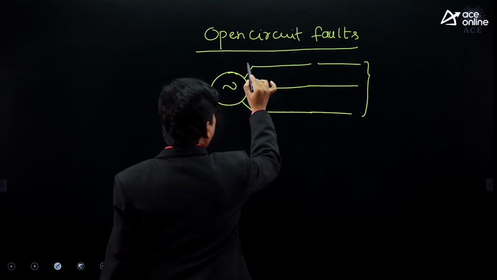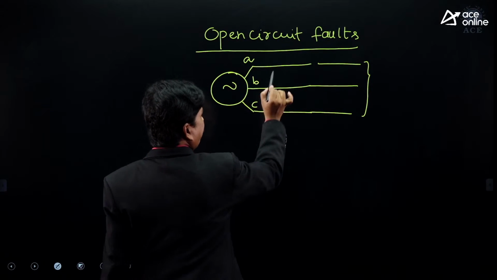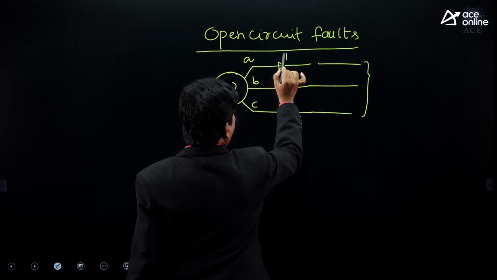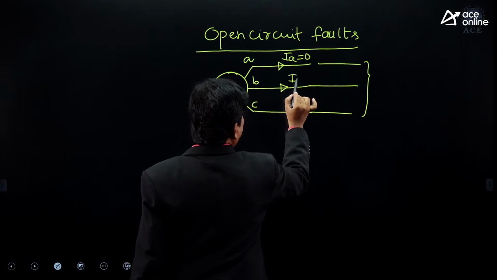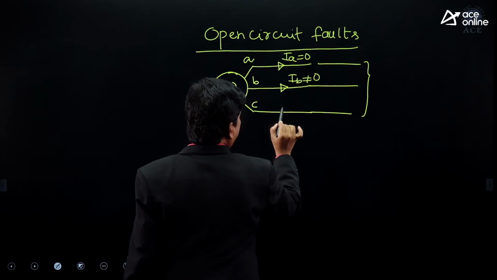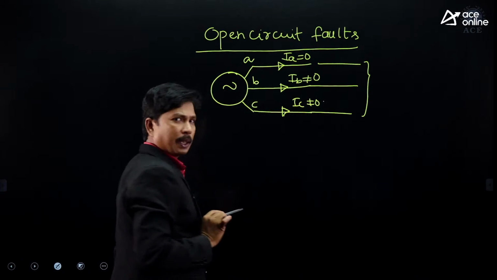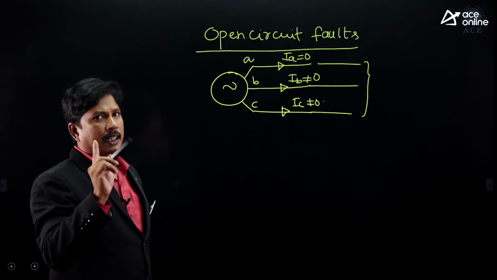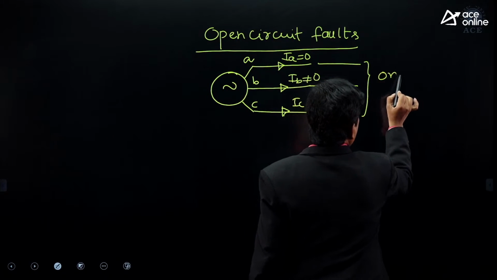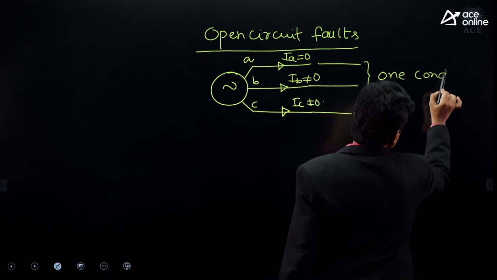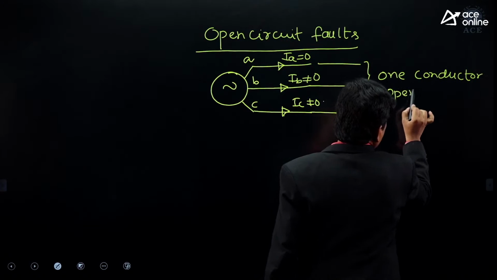If it is phase A, phase B and phase C, in this case the phase A current is 0 and the phase B current is not 0 and the phase C current is also not equal to 0. So only one conductor current is 0, so we can say it is a one conductor open fault.